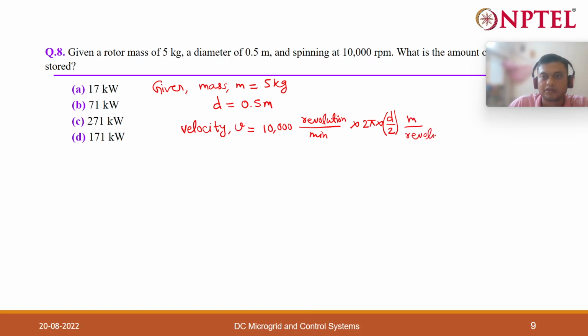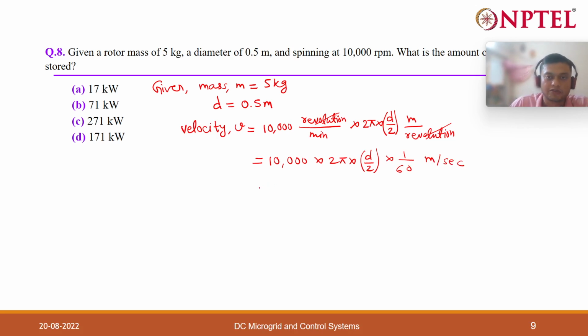So revolution will cancel out, and you write this as 10,000 into 2 pi into d by 2, and convert minute into second, multiply by 1 by 60, that comes out to be meter per second. So you get the velocity in terms of meter per second.